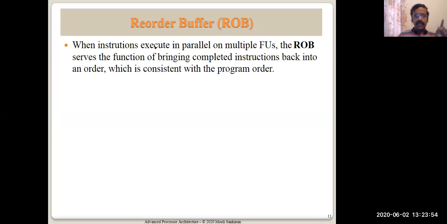When instructions execute in parallel on multiple FUs, the ROB, called reorder buffer, serves the function of bringing completed instructions back into an order which is consistent with the program order.